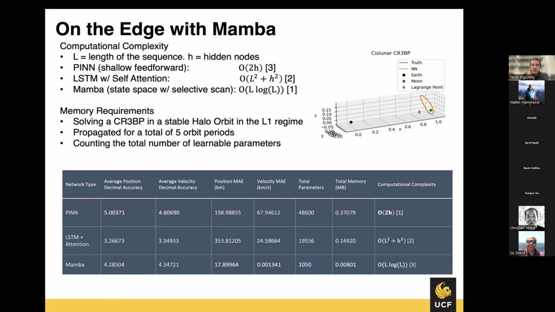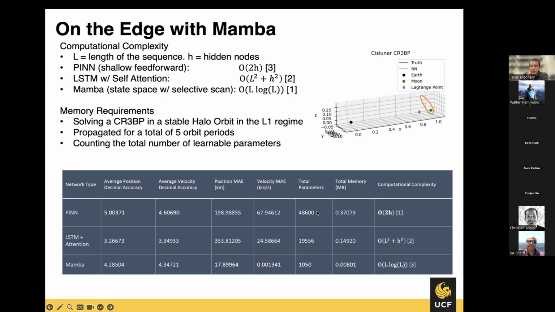This all was done on a Jetson Nano. So all of this is done on very low computational power hardware that is essentially space flight qualified. What we want to highlight here is the decimal accuracy between PINNs, LSTM, and Mamba, but I think the main thing here is the parameters.